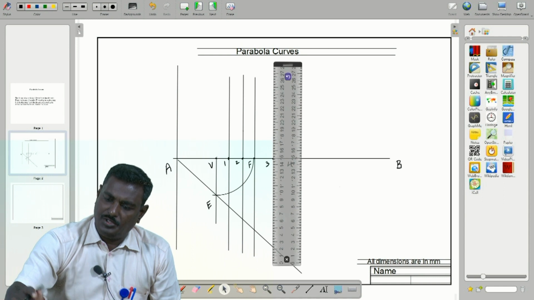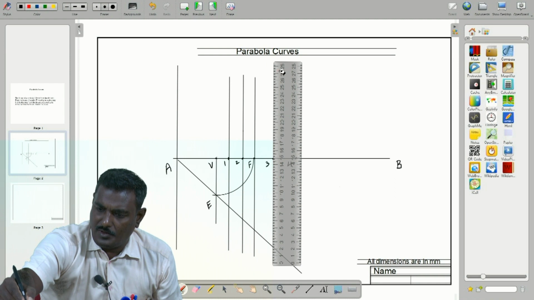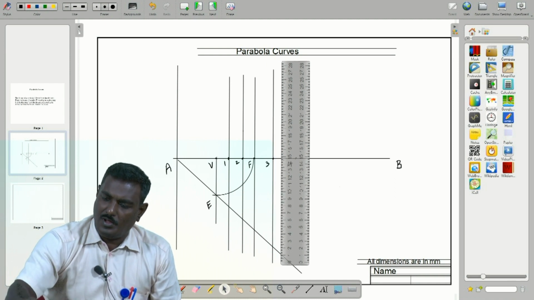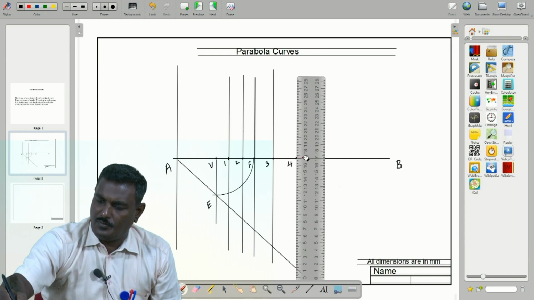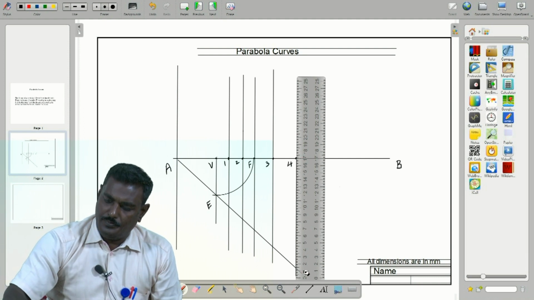Then from 3, draw a line on both sides. On both sides we need to construct. And 4, above and below.